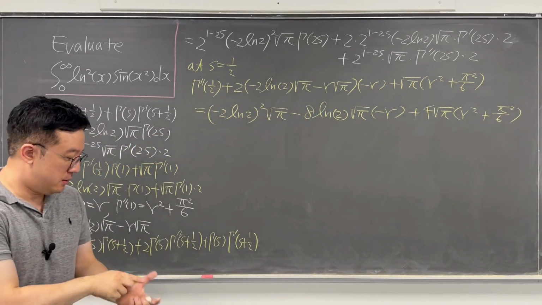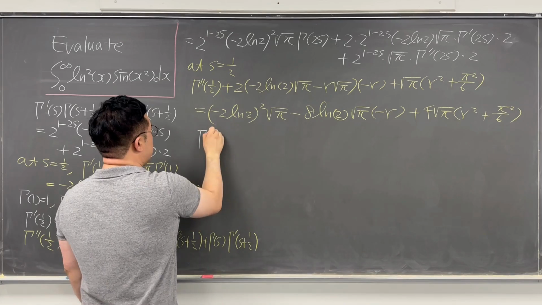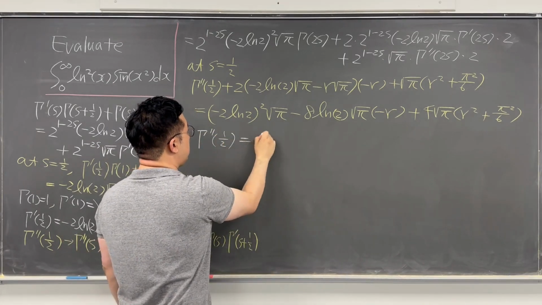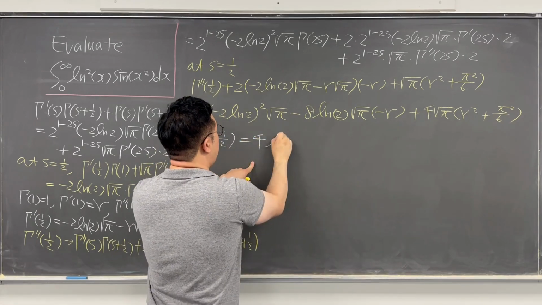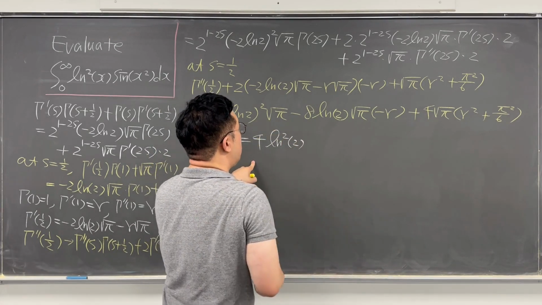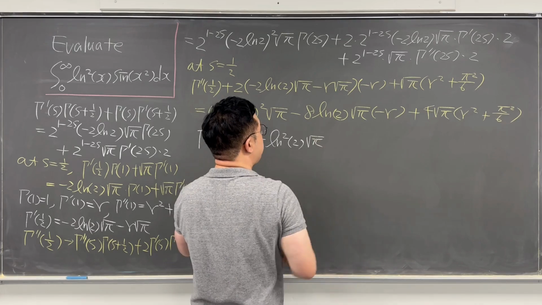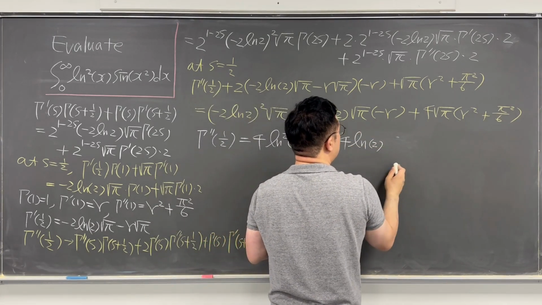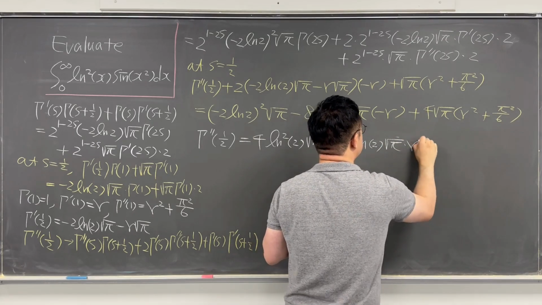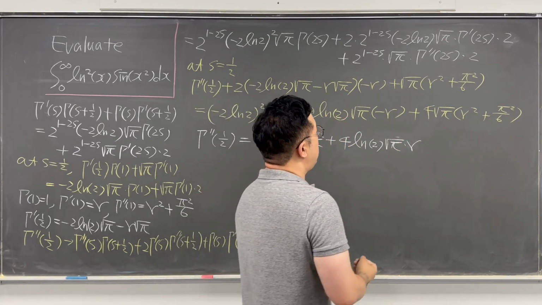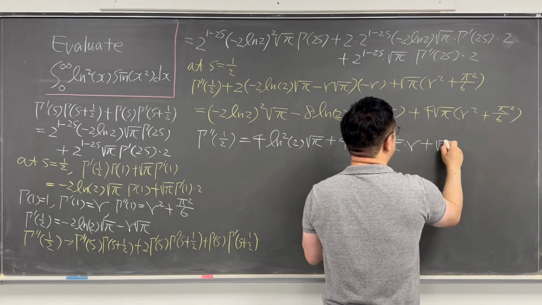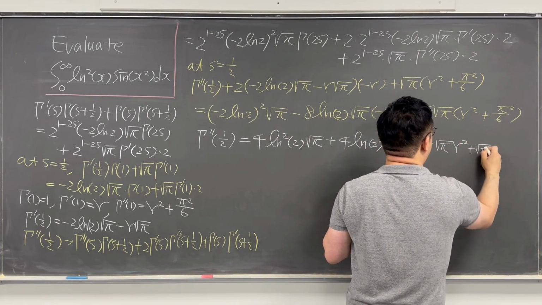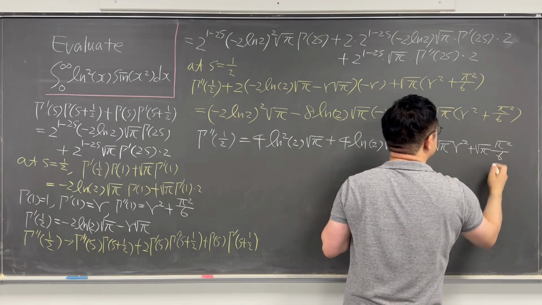So gamma double prime of 1 over 2 is going to be equal to 4 times ln squared of 2 times square root of pi, plus 4 ln 2 times square root of pi times little gamma, plus square root of pi times little gamma squared plus square root of pi times pi squared over 6.